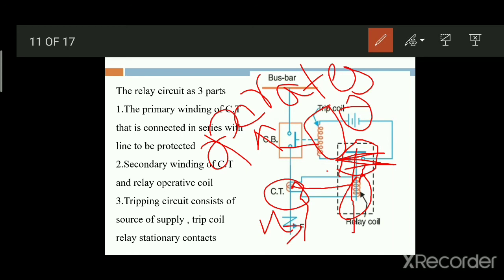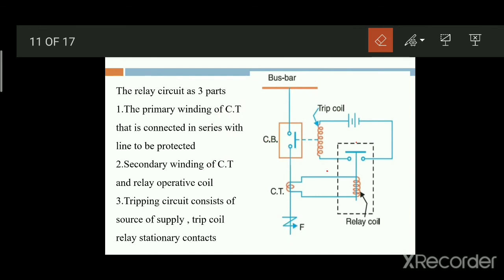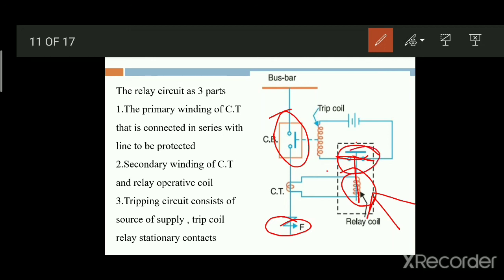Okay, this is the basic connection diagram for both the circuit breaker and the relay coil. This is the relay coil and this is the circuit breaker. If any fault currents are obtained, then this relay coil pushes this plunger. Then this circuit will be closed.